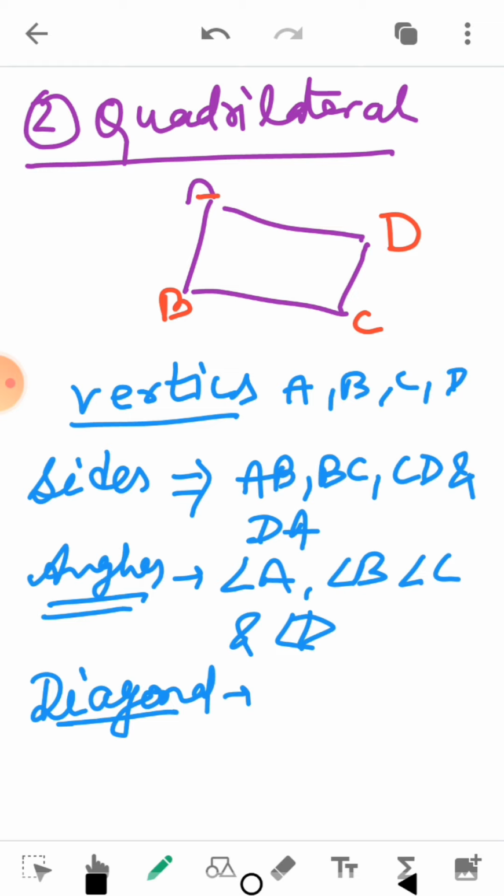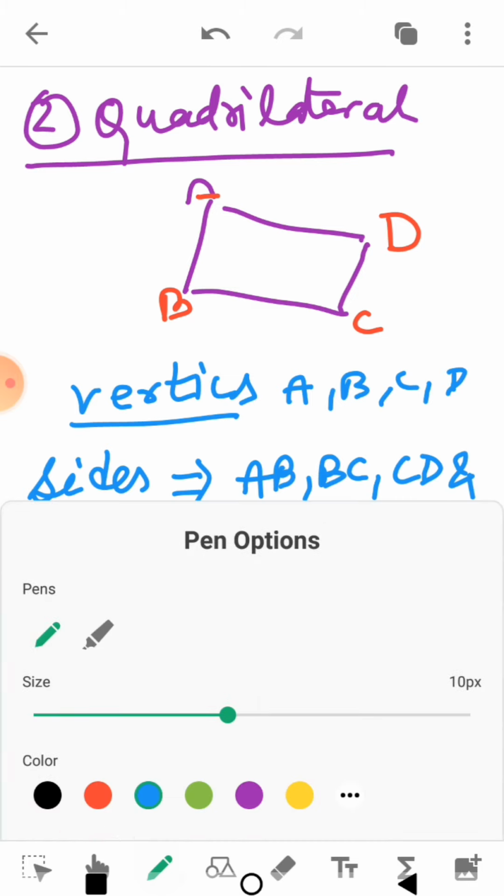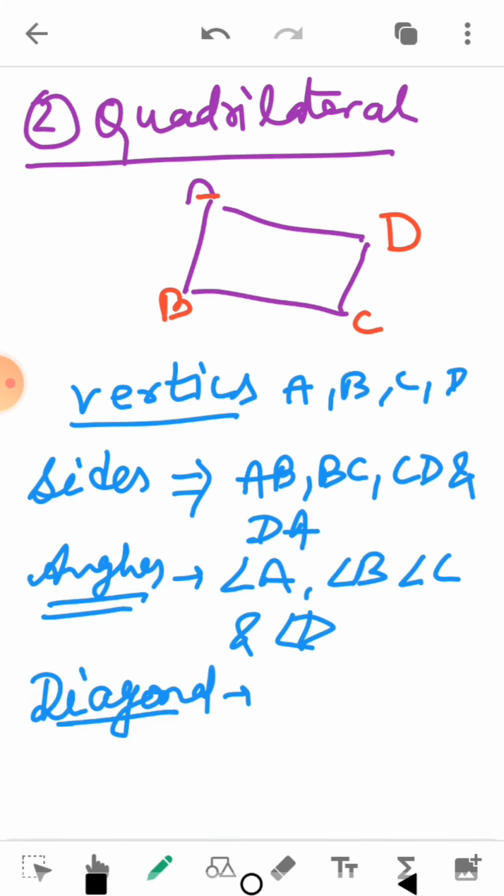For example, in this case the diagonal is AC. Vertices A and C are opposite vertices. When we join them, AC is formed and AC will be a diagonal. And the second one is BD. AC and BD are the diagonals.